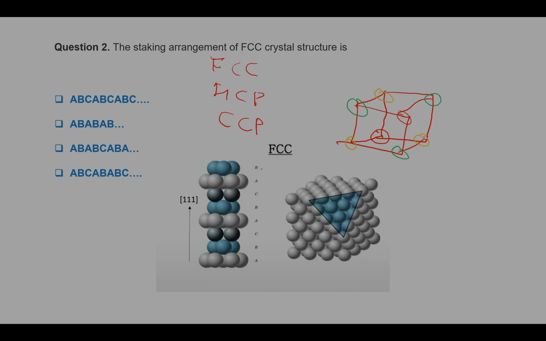So here you can see the stacking is like A, B, C, then the fourth one is again A. So an ABC type of stacking is available in the FCC crystal structure. This is a very simple question, so the answer will be option number 1.